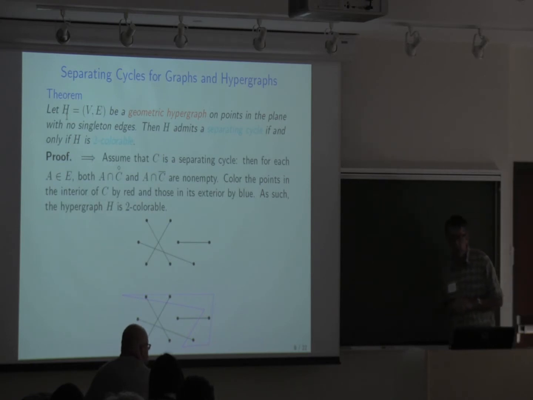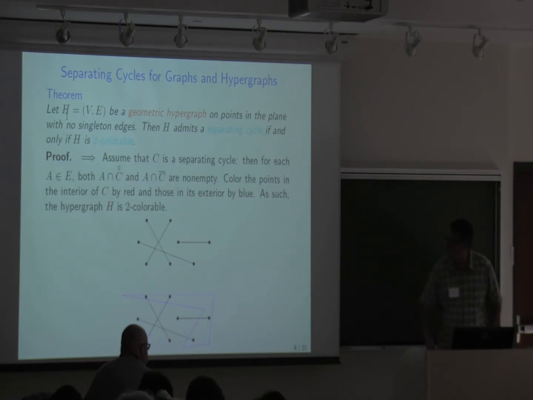If it admits a separating cycle, you can assign one color, let's say red, to those points enclosed by the cycle, and blue to those outside the cycle. So you have a 2-coloring. No edge is going to be monochromatic, so in that sense, H is 2-colorable.